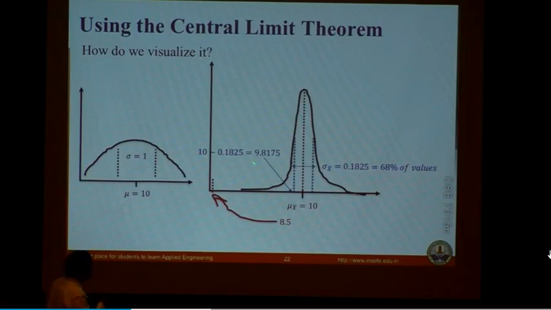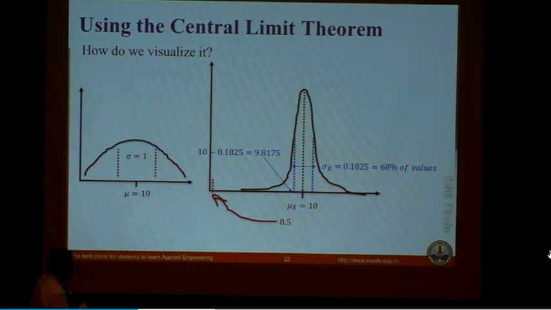Now, if that is the case, one standard deviation is here. 10 minus 0.1825. 3 standard deviations, where will that be? 0.55. 10 minus 0.55. So this value here is about 9.45.